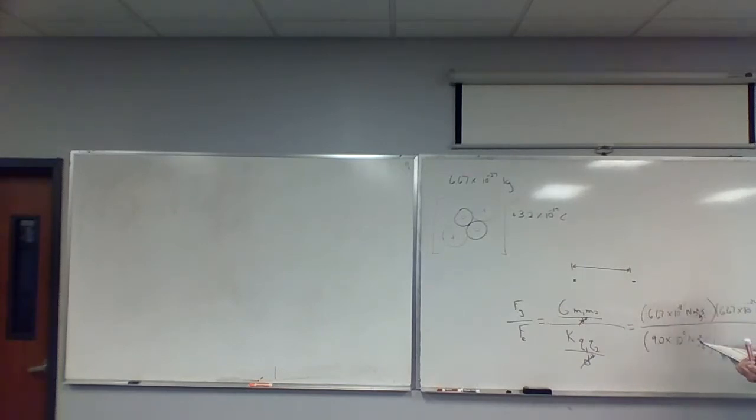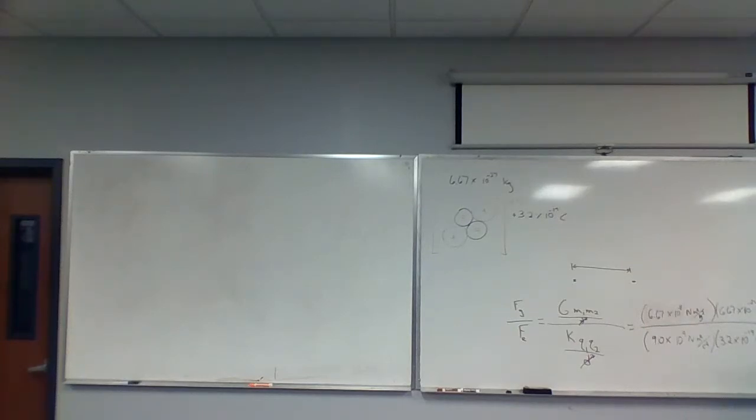Everybody follow that? Okay? So now let's keep plugging in for Q1 and Q2, which is 3.2 times 10 to the minus 19 coulombs and 3.2 times 10 to the minus 19 coulombs.